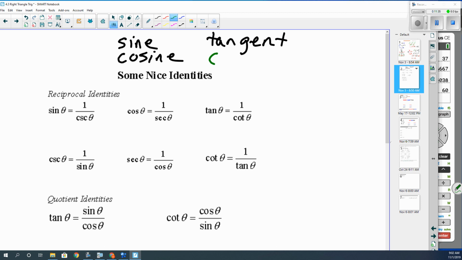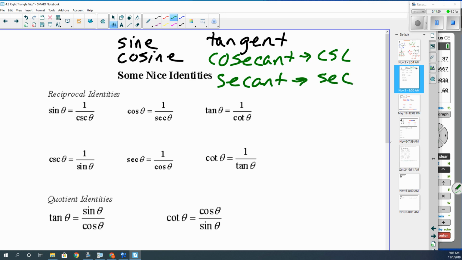Cosecant, that one's the one that we do as CSC. Secant, that's the one that we do as SEC. And then cotangent, that's the one that we do as COT. So we just use letters in them to name them.